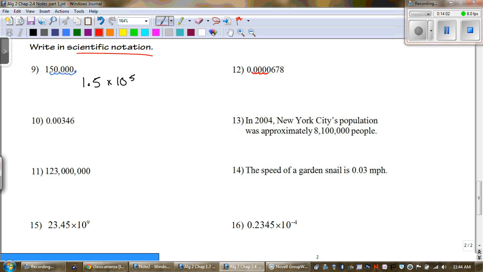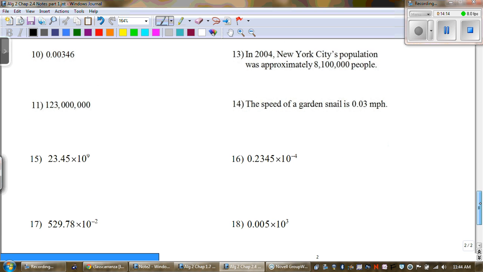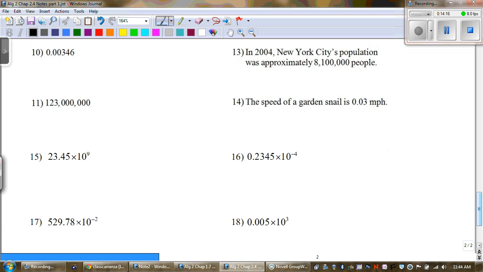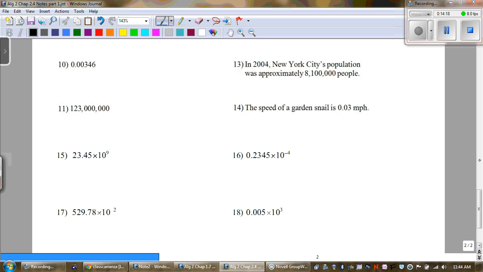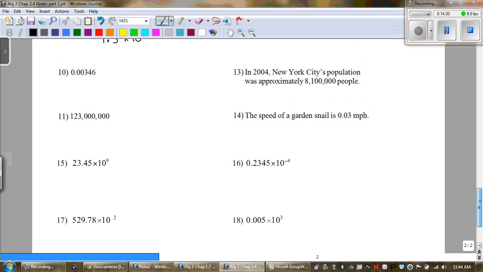See which direction you have to move it. Okay, I move it to the right. They have to move it to the left, okay? So that gives you 10 through 18. Okay, go ahead and pause the video, and good luck.